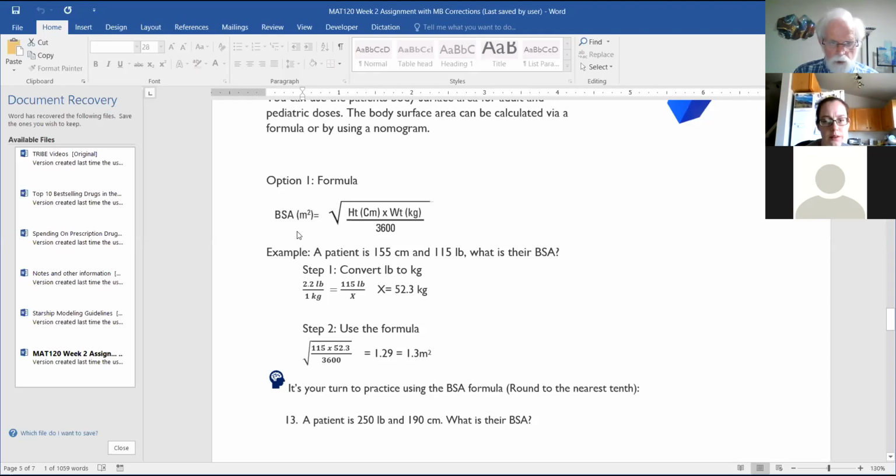They're developed based on the body surface area of each patient. And we calculate what dose per square meter we're going to give based on the dosing recommendations from the manufacturer and approved by the FDA.